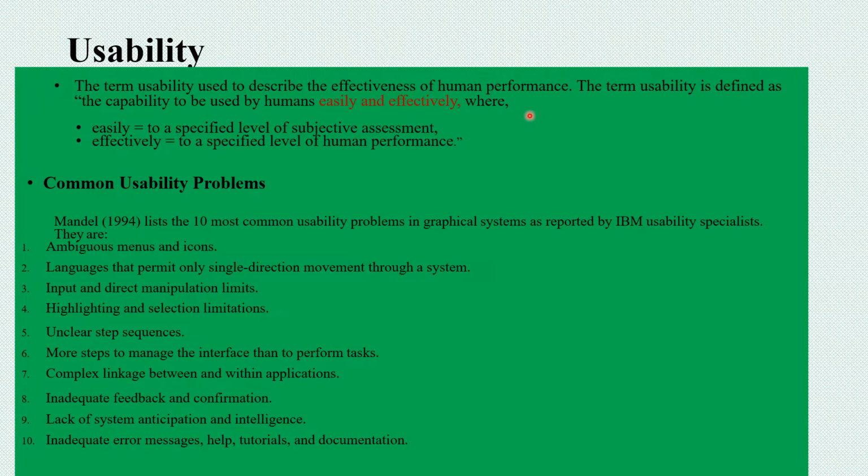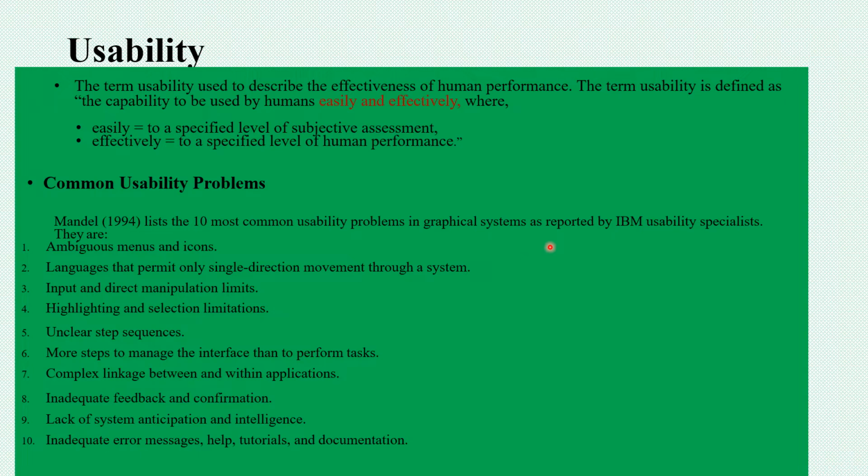Bennett was the first to use the term usability to describe the effectiveness of human performance. Some of the common usability problems: Mundell in 1994 listed some common usability problems in graphical systems as reported by IBM.